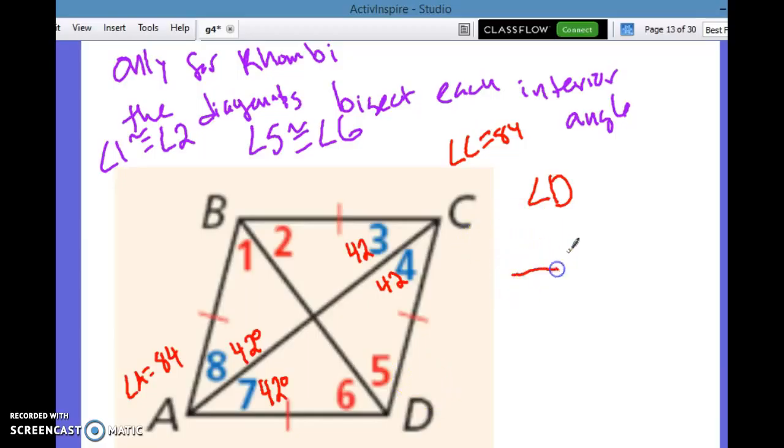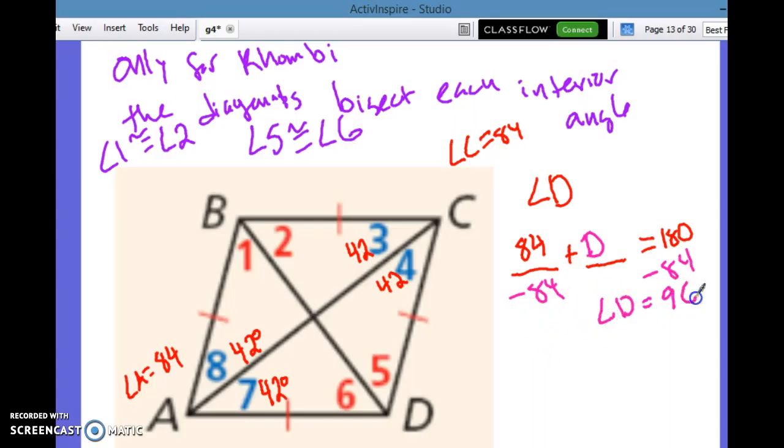So if I know the two of these angles add up to 180, it's pretty easy for me to solve the other one. This one is 84. We do not know the measure of angle D, so I'm going to call that angle D. Subtract 84, and what is it going to be? It is 96. So angle D equals 96 degrees, which again is very helpful to us.